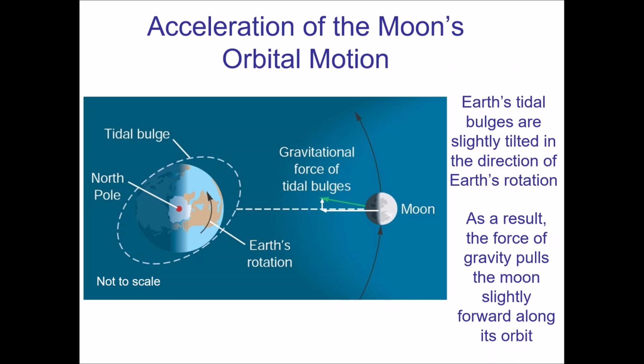We're able to measure it because when the Apollo astronauts went to the moon, they left things called corner reflectors on the surface. That allows us to shoot radio waves at the moon and have them bounce off the mirrors and come back to the Earth, and we can time how long that takes. That gives us a very precise distance to the moon, so we can see this steady drift.